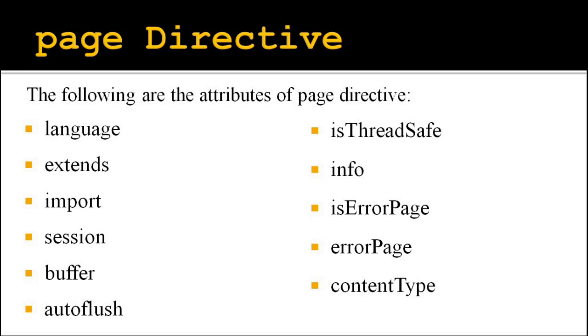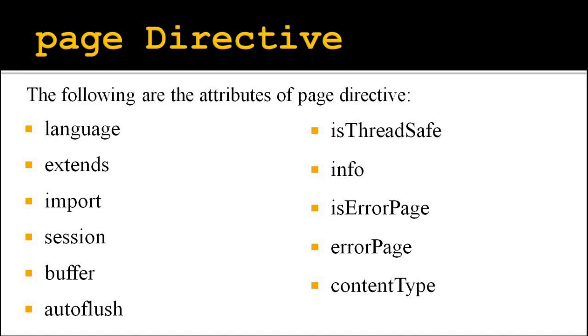If the buffer should be automatically flushed when its memory is full, we need to assign the true value to the autoFlush attribute. Otherwise it will throw a buffer overflow exception.